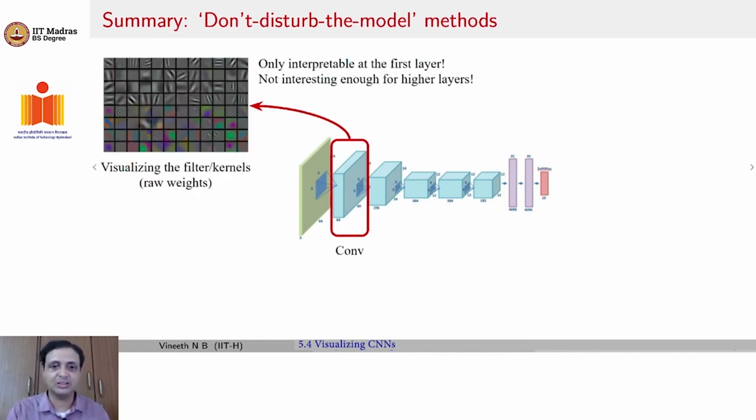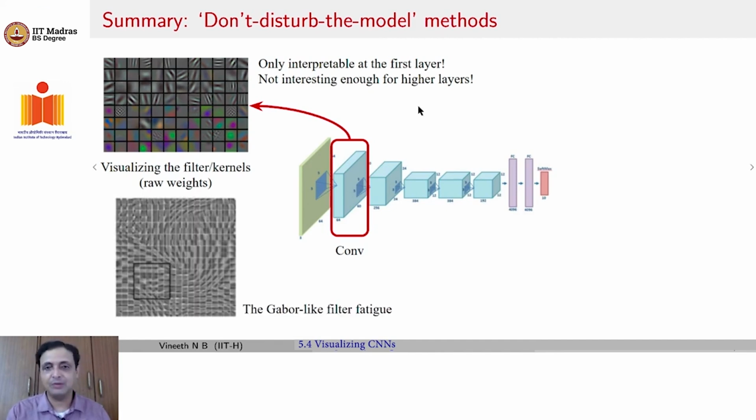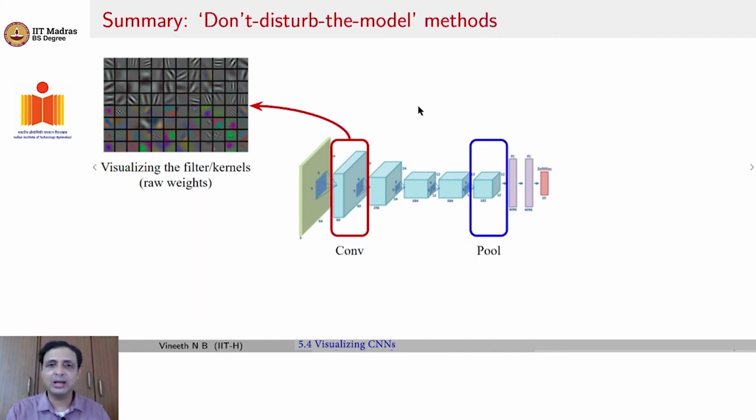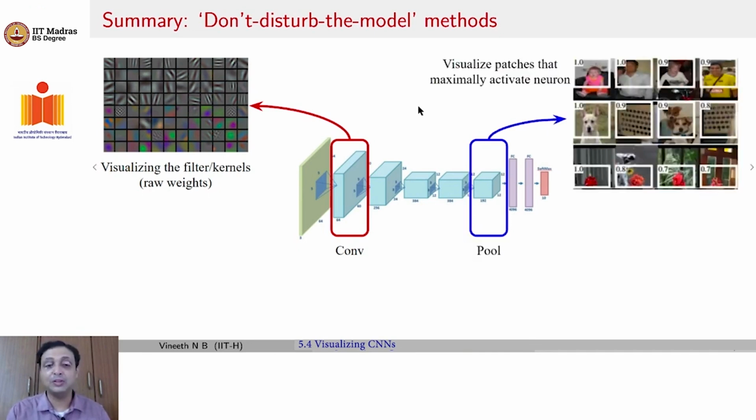That's one of the first methods that we spoke about. Unfortunately, this is only interpretable at the first layer and may not be interesting enough at higher layers. We also talked about the Gabor-like filters here. You could also take any other neuron, for example in a pool layer, and visualize the patches that maximally activate that neuron. You can get some understanding of what the CNN is learning using this kind of approach.